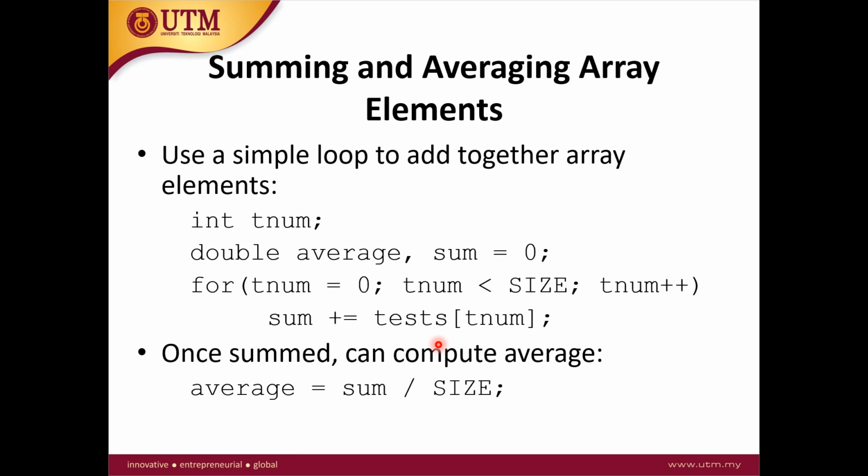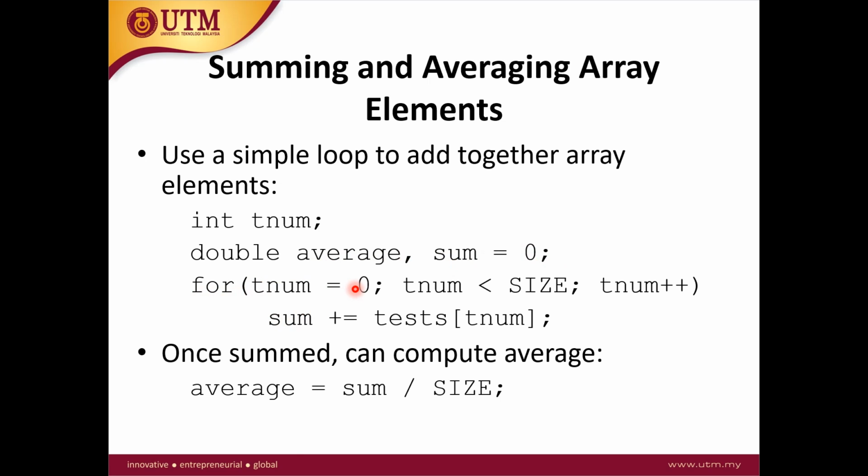So summing and averaging array elements, these are some calculations you can perform on your array. You define, for example, double average and sum equals 0. At the beginning we don't have anything stored in the sum and the average, so we are going to start accessing each element of the array, starting from 0.